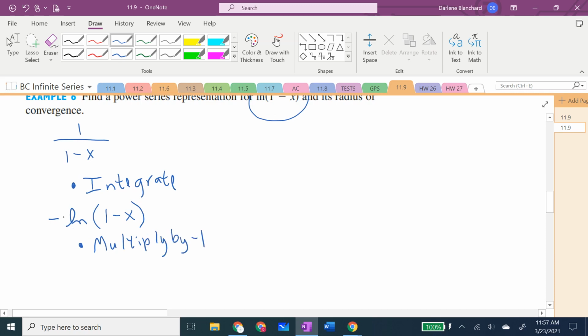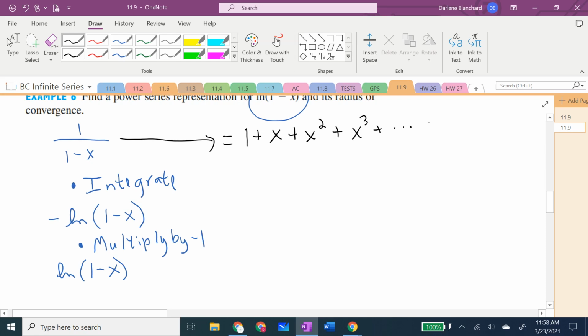And when I do that, the function will turn into the positive natural log of 1 minus x. So now I need to bring the power series into the mix. 1 over 1 minus x is our friendly x to the n power series.